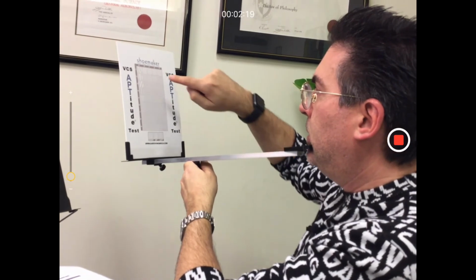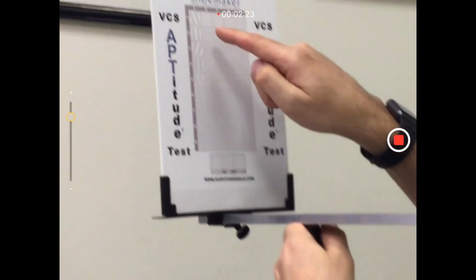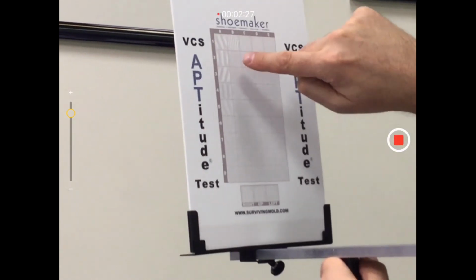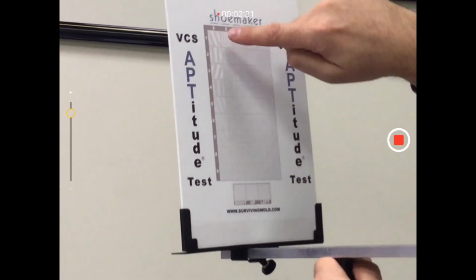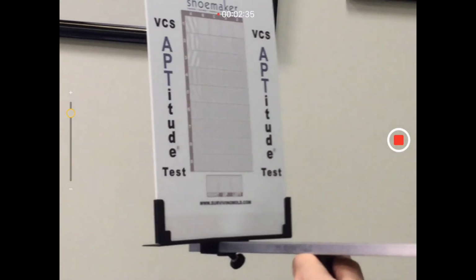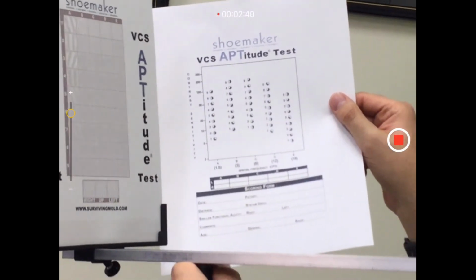You would start at A1 and you would say those bars are going up to the left, A2, up and down, A3 to the right. And you would progress down these columns, and that would be recorded on this test card.